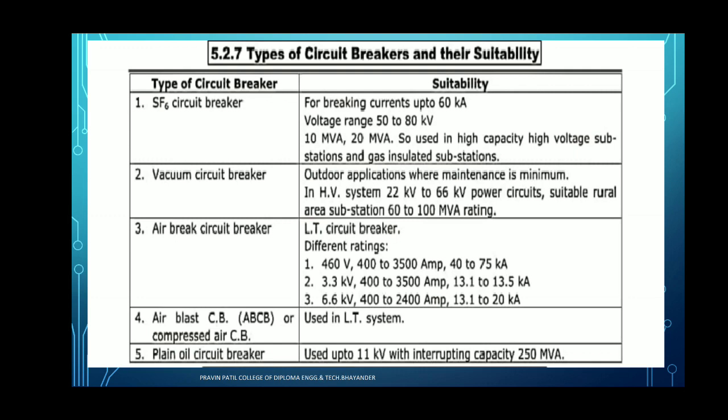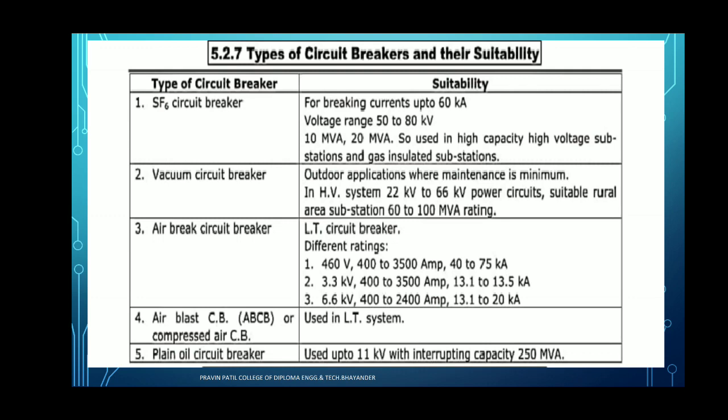Then vacuum is also a medium. Vacuum is nothing but the vaporization of the ions used in that vacuum. As heat is generated in that vacuum chamber, the metal is heated and metal vaporization takes place. That vapor is used to extinguish the arc between the contacts of the circuit breaker inside the vacuum circuit breaker.